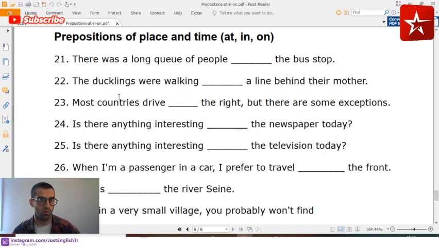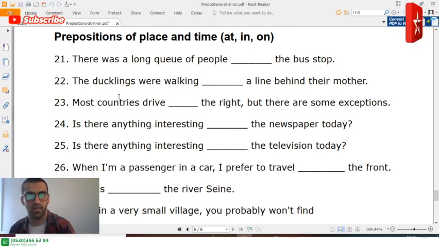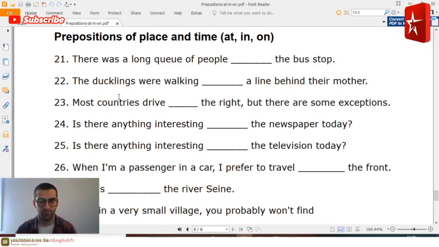İnsanların sırası, kuyruğu vardır. Nereden? At the bus stop. Yes. Otobüs durağında. At the bus stop, there was a long queue of people. In olmaz. At the bus stop, we should use at. Okay? Otobüs durağı at.